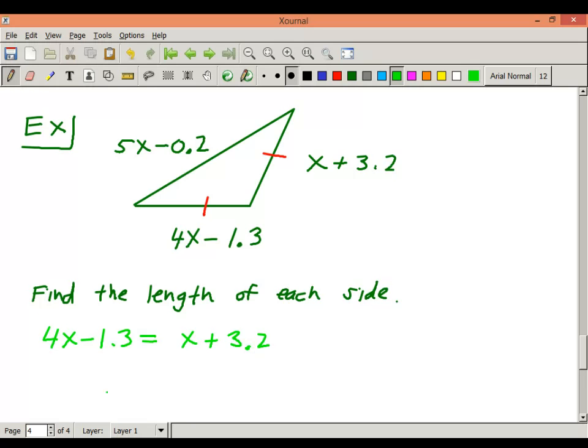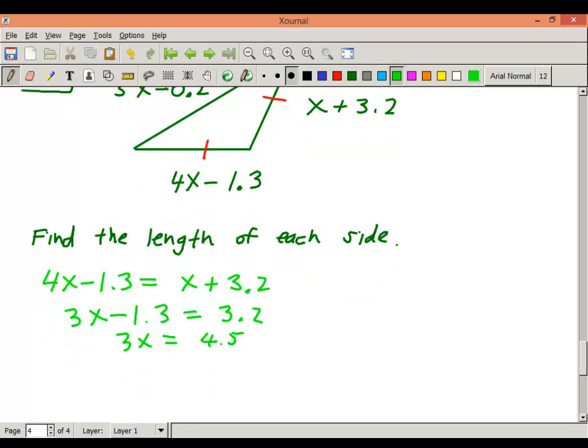Let's subtract x from each side, so that'll be 3x minus 1.3 equals 3.2. And so 3x is going to be equal to, let's add that 1.3 to both sides, so that'll be 4.5. And then divide by 3, so x equals 1.5.